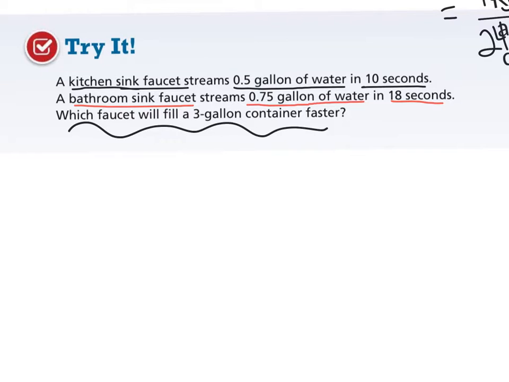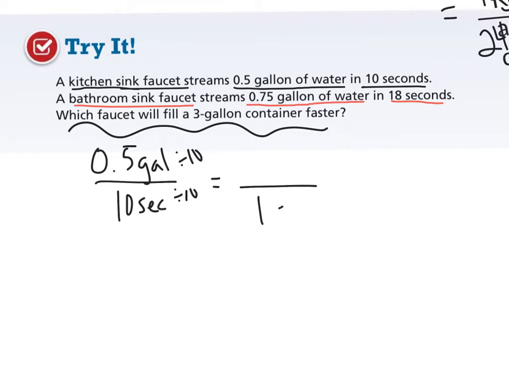So one way we could do this then is actually just to do these as unit rates. It's 0.5 gallons in 10 seconds. So if we divide those by 10, that'll tell me how many gallons per second. That's just going to move our decimal over one spot.